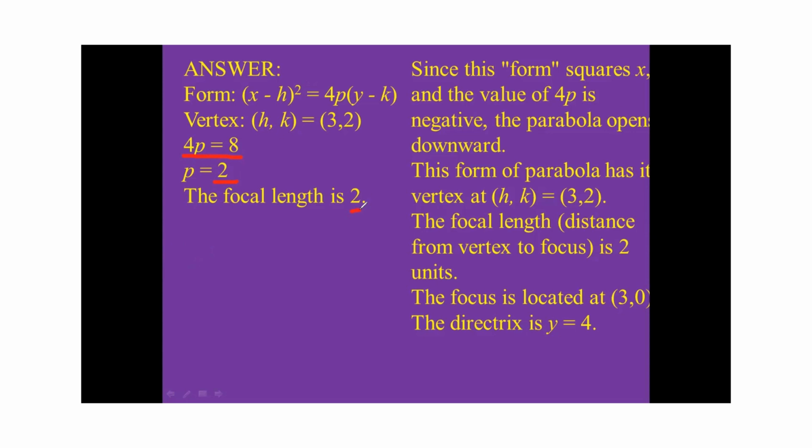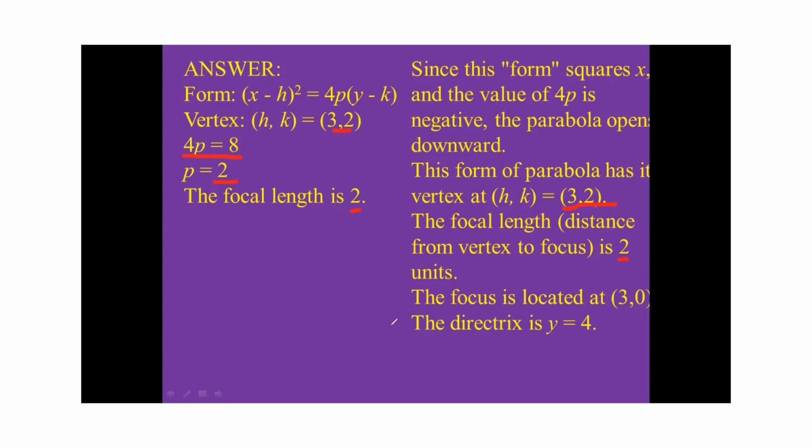The parabola opens downward. This form of the parabola has its vertex at (h, k). Here the vertex is (3, 2). The focal length, the distance from the vertex to the focus, is 2.